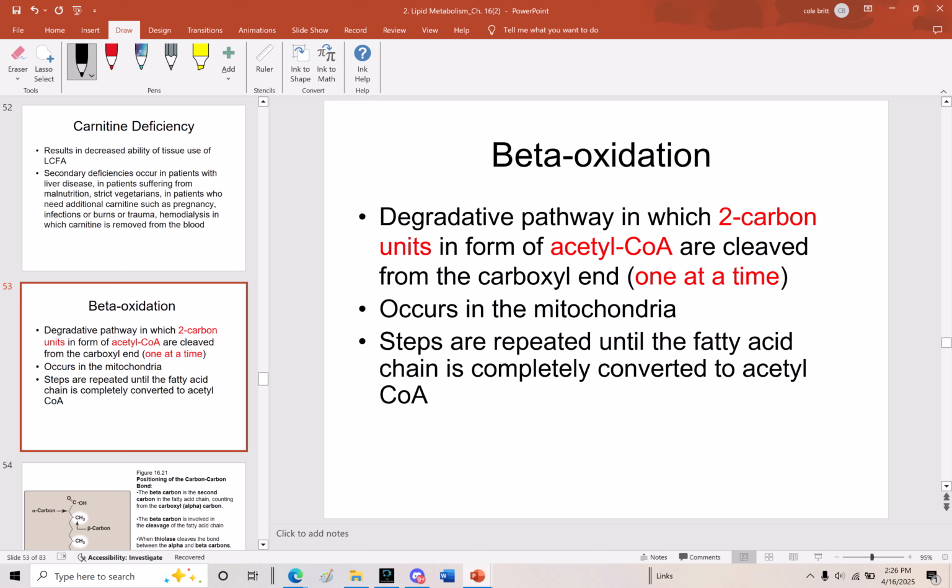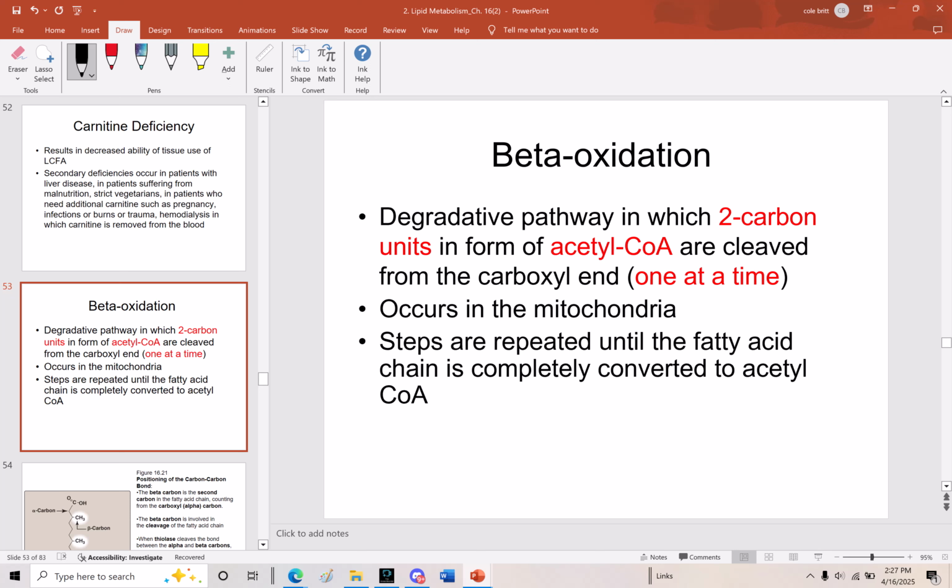It occurs in the mitochondria. And again, just like fatty acid synthesis, the steps are repeated. So you're going to keep cleaving off 2 carbons at a time to make acetyl-CoA from that fatty acid. So it really is very similar to fatty acid synthesis. Instead of adding 2 carbons at a time, you're breaking off 2 carbons at a time.